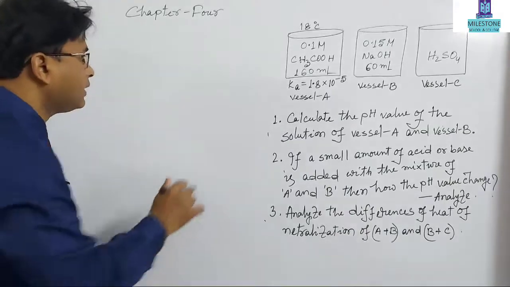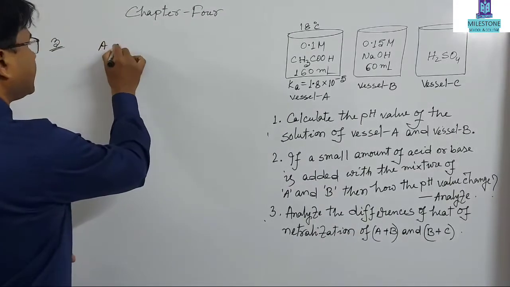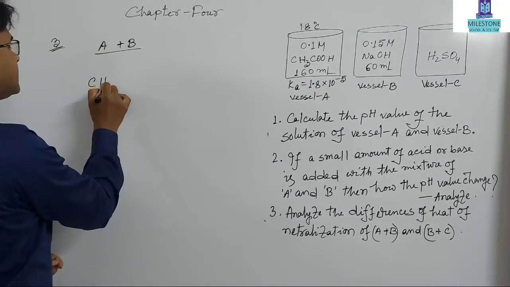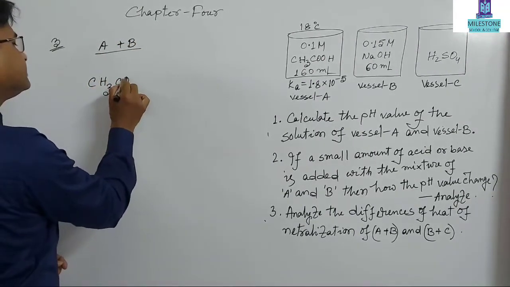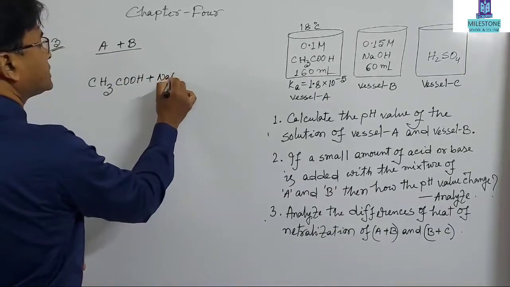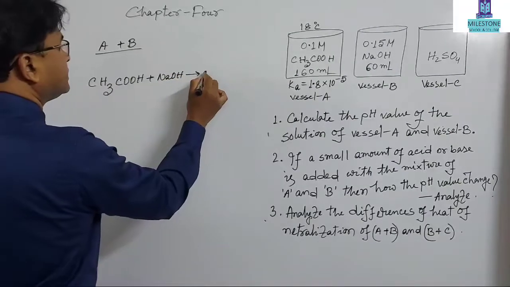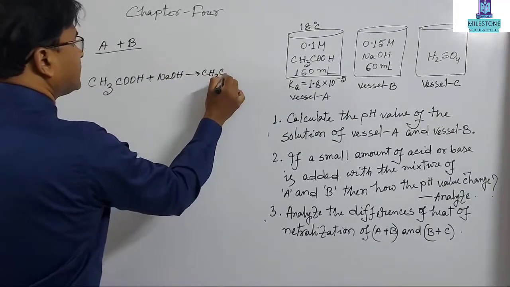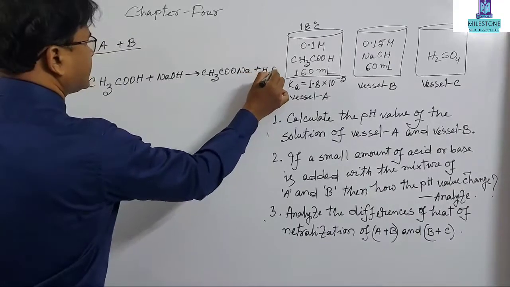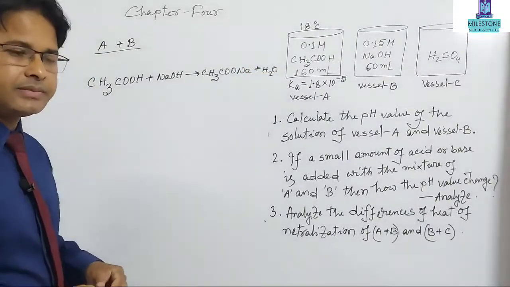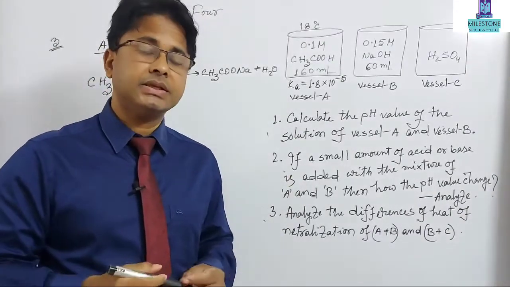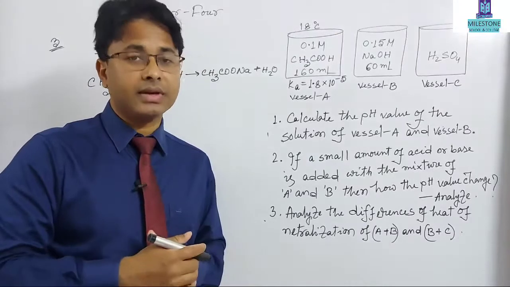Students, in A plus B, the reaction that occurs is ethanoic acid or acetic acid plus sodium hydroxide gives sodium ethanoate plus water. The reaction between acid and base is known as a neutralization reaction.